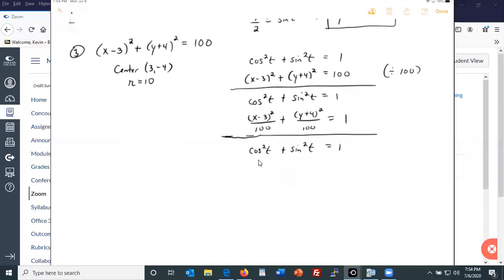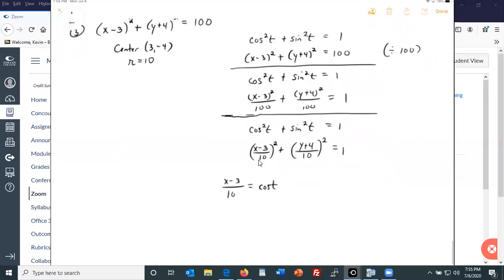The second equation I can write as a completely squared quantity: ((x - 3)/10)² + ((y + 4)/10)² = 1. Now I can equate the cosine with (x - 3)/10, and I can equate (y + 4)/10 to the sine term.